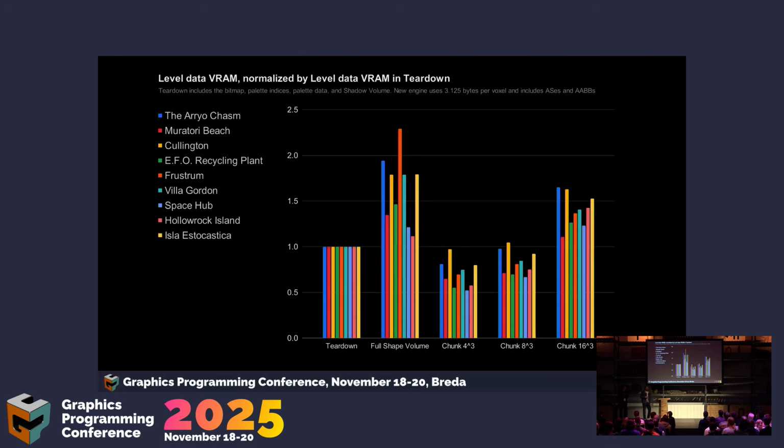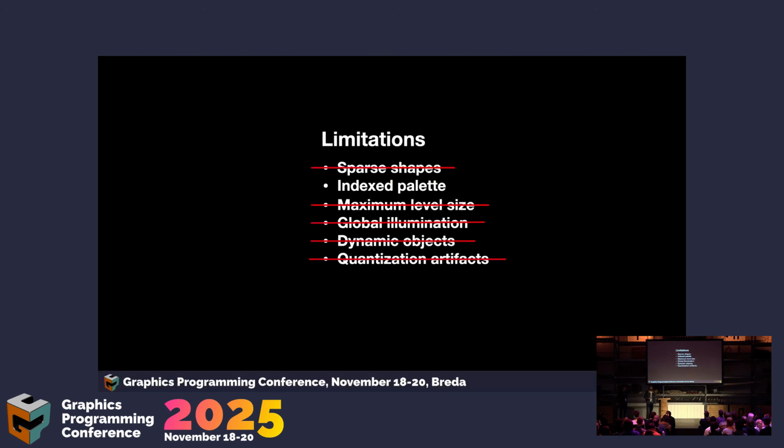And I finally wanted to note that if we include the fact that we got rid of the shadow volume, we actually have less VRAM, basically always, on all of our levels in this new engine. With that, we finally have the indexed palette issue solved.